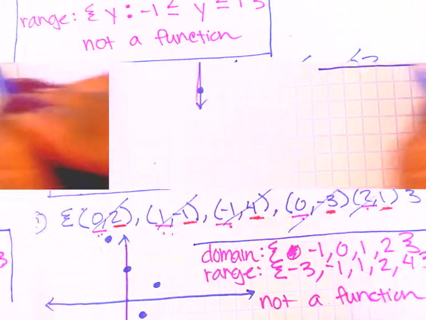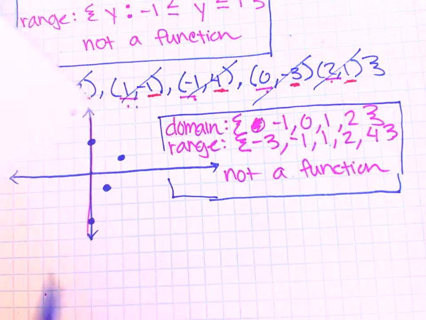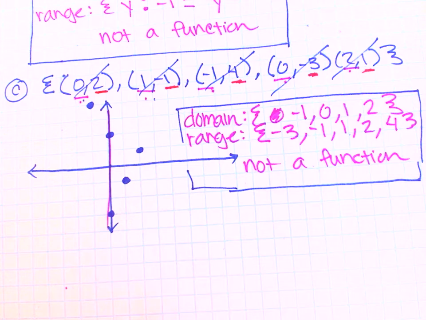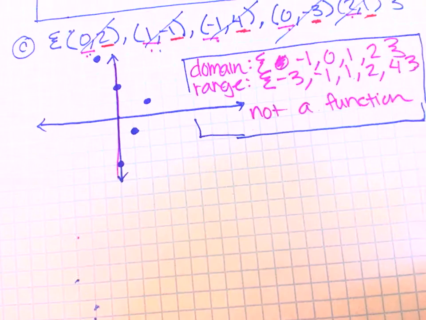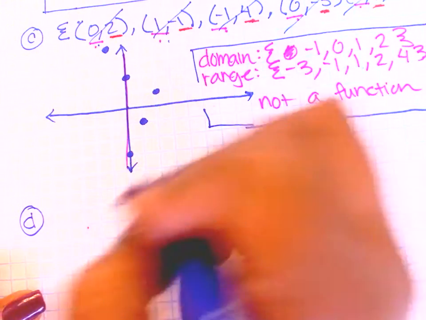So I get my x's and my y's from the coordinates they gave me. Once I graph it, I can figure out if there are 2 that go through the same vertical area, which means if my x's repeat, it's not going to be a function. One more, last one. Letter D, you can do it.